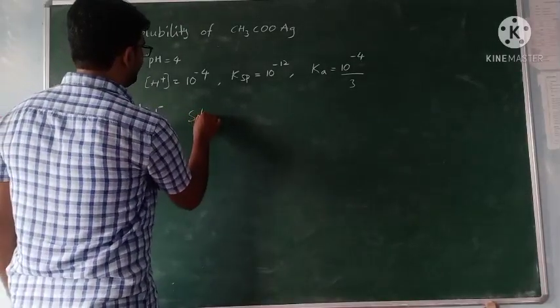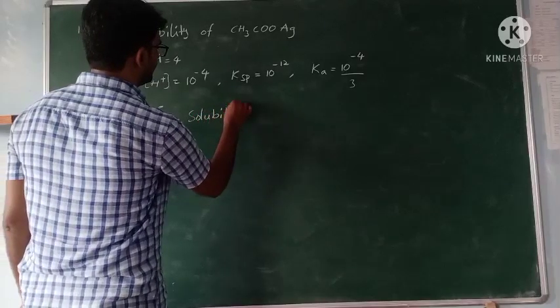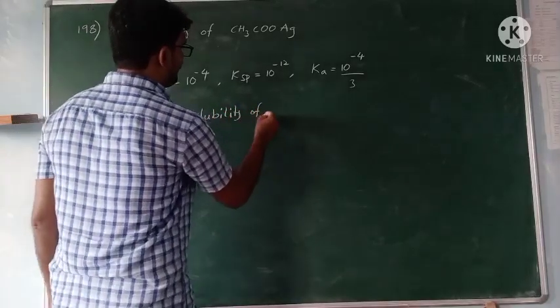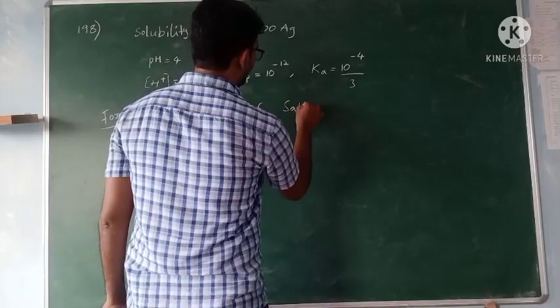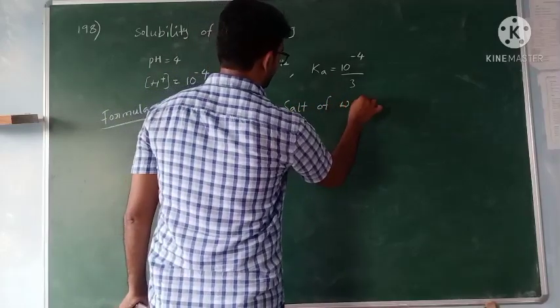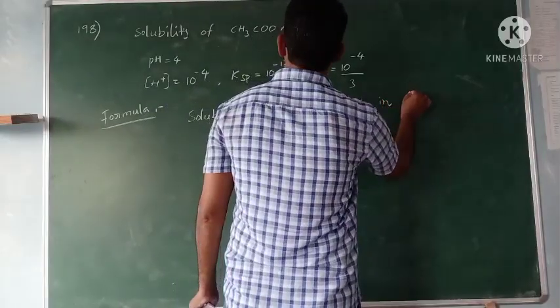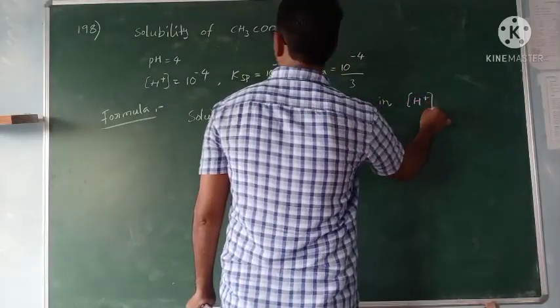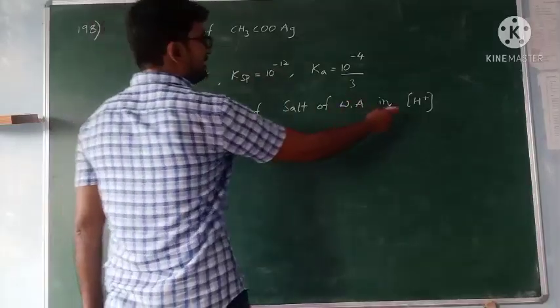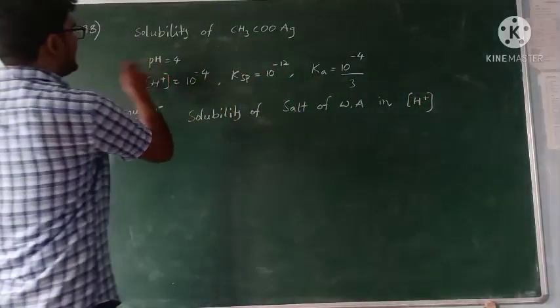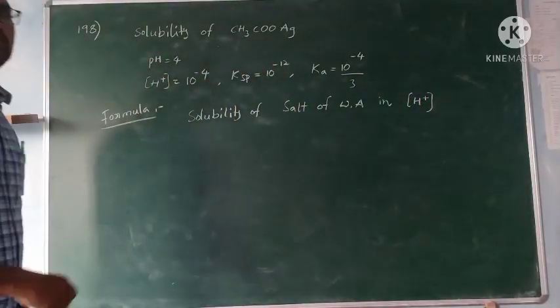Solubility of a salt of weak acid in concentration of H plus, means in acidic medium. So pH equal to 4 means it is acidic.